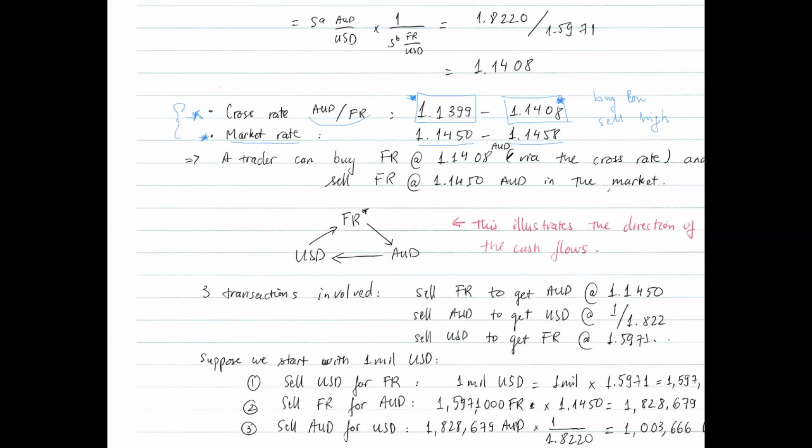Also bear in mind that because we are a client, we'll be looking at the right-hand side when we buy the franc, and the left-hand side when we sell the franc, okay? So can you look at these two different columns and identify if you have any chance to buy low and sell high, okay?